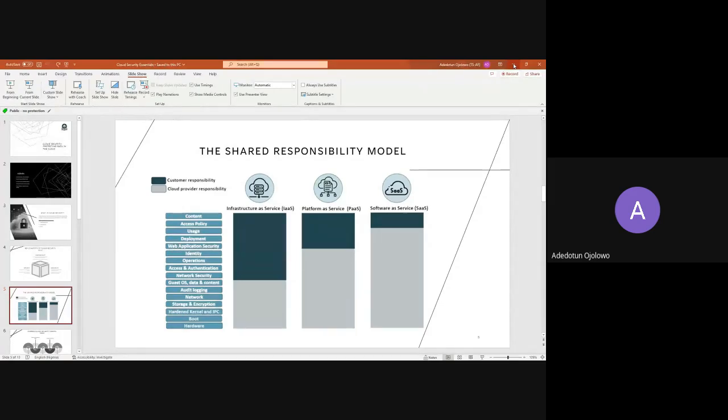And lastly, is SaaS. Now, SaaS is where, as a customer, you have the least responsibility. So you really don't have to maintain a lot of things. But one thing that is very important in SaaS is maintaining your data, and that's one thing that should be stressed. When you are using software as a service, you should ensure that you have full control of your data.